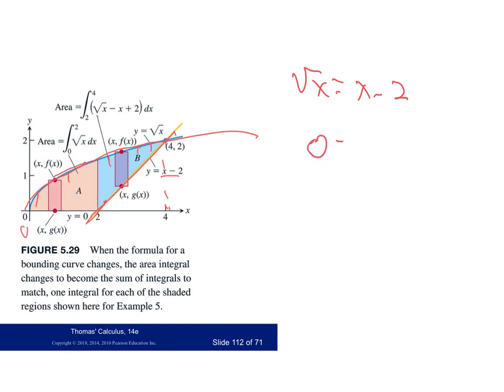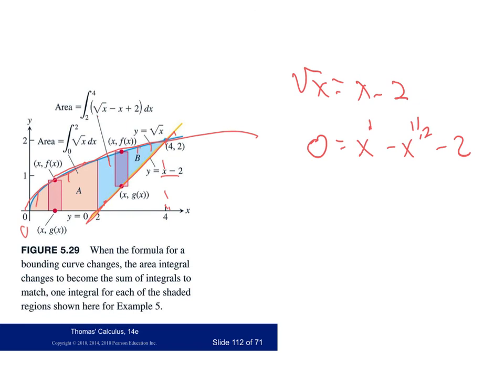To get a 0 there, you move the square root of x over. That gives you x to the 1 minus x to the half minus 2. This is the same thing as a quadratic because a 1 is double the half. So you can just pretend that it's a quadratic.